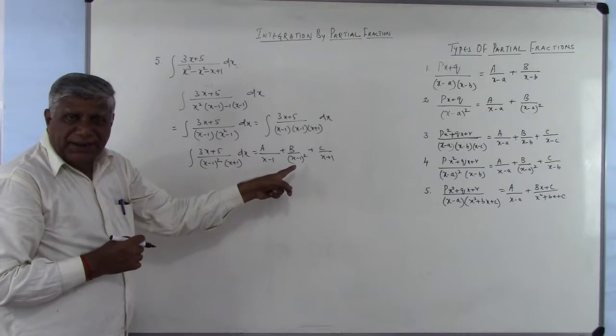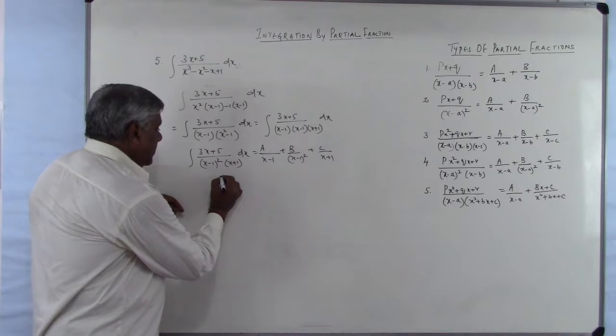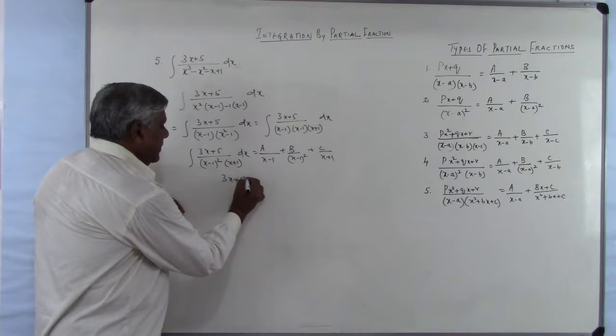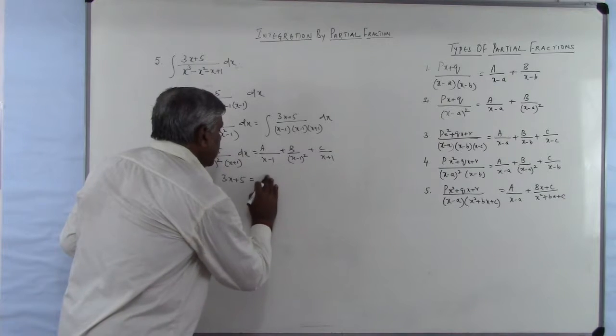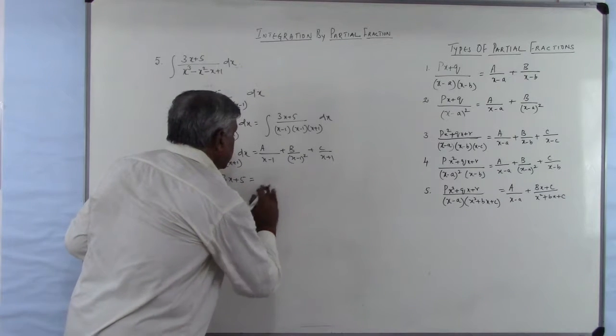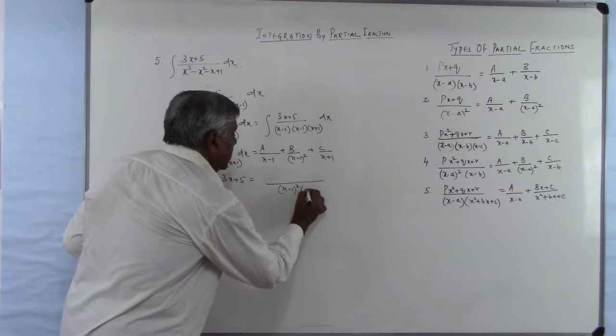This is how we are splitting it. So therefore 3x plus 5 is equal to, now we will take LCM as x minus 1 whole square into x plus 1.